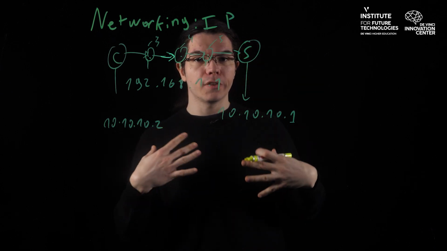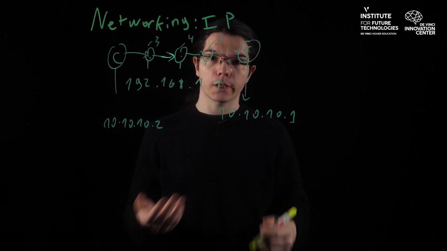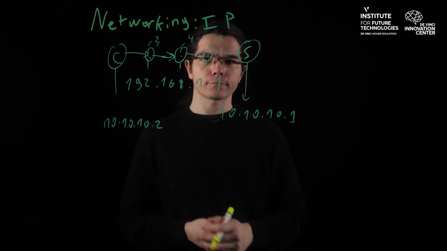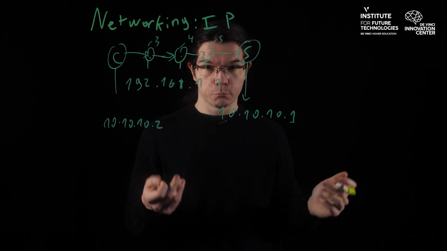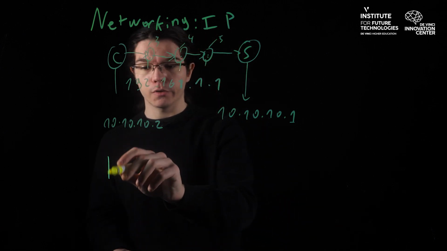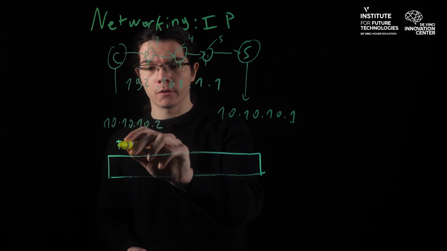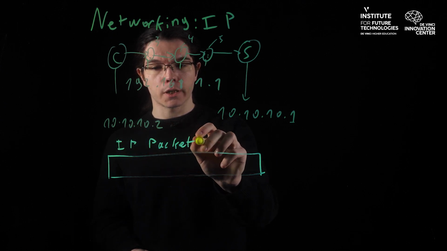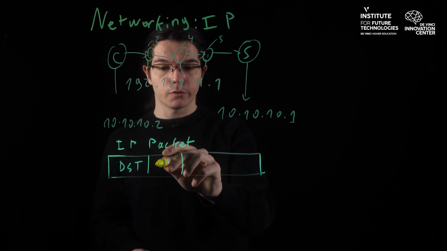The server is going to receive this request, and in the request, it's also embedded where it came from, and it came from address 10.10.10.2. So this is very important. When you send a request using an IP, what's called a packet, you are going to send not only where you are going to send your request. In a packet, you are going to send the destination, but you are also going to send the source.